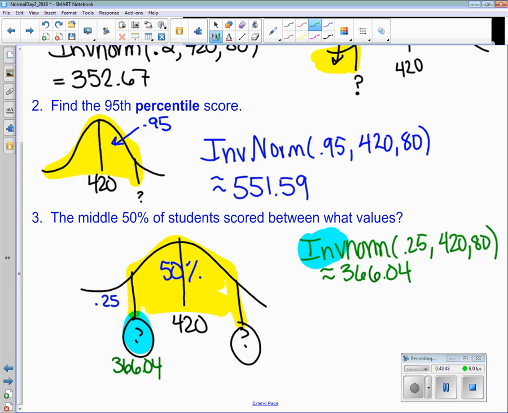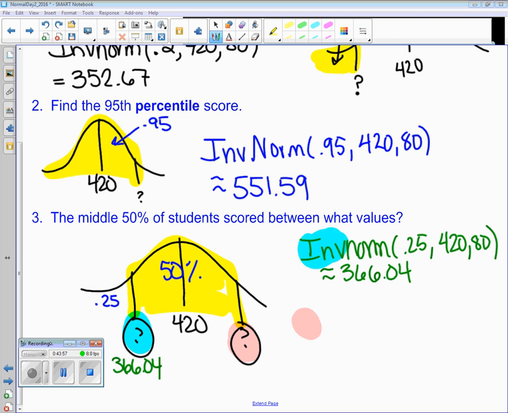And then we're going to find the right-hand side. We're going to do the same thing. We're going to say, okay, inverse norm. But this time we're going to use 75%, 0.75, because if I add up all the percents to the left of the pink, that's 75%.